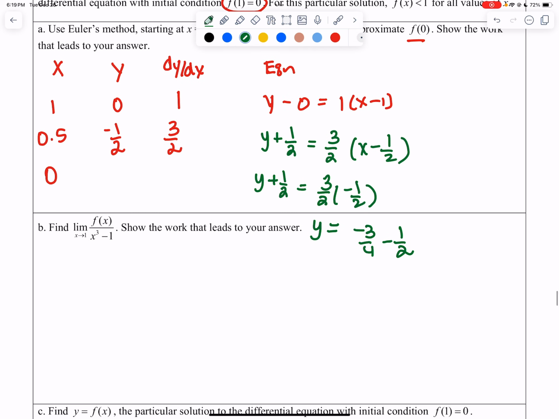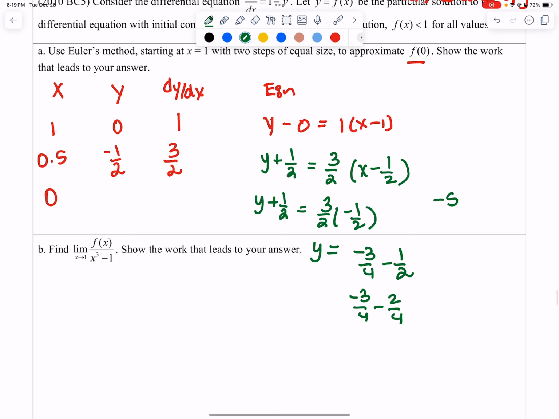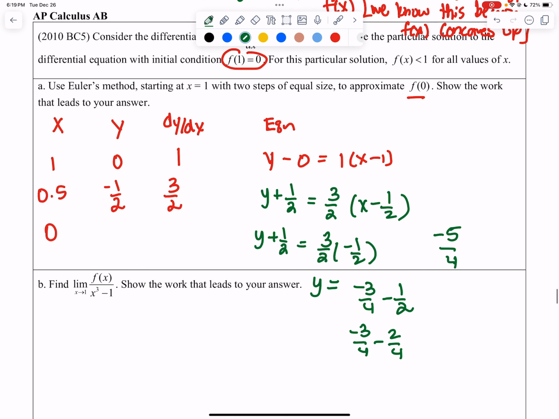Make it pretty or not, I don't care. This is going to give you negative 5/4. 1 point will be given for using Euler's method, and then 1 point will be given for your answer of negative 5/4.